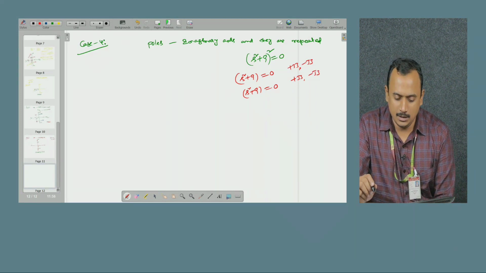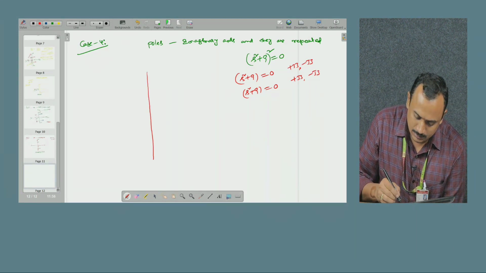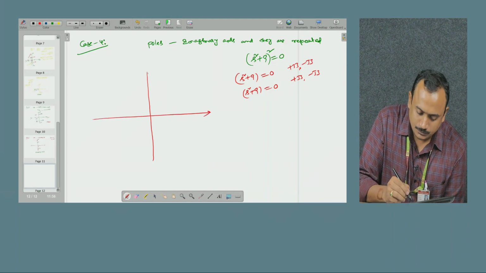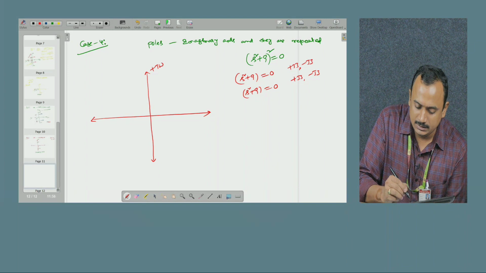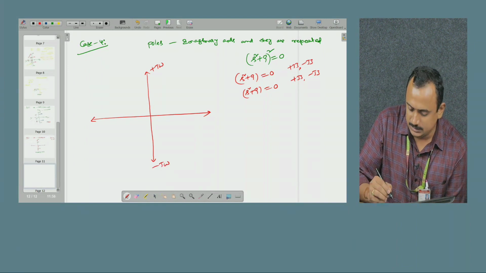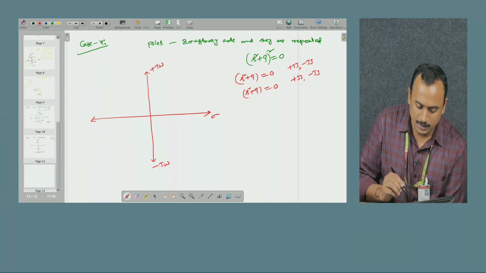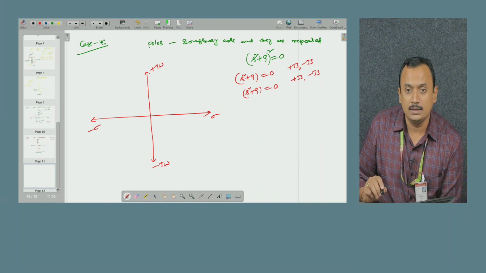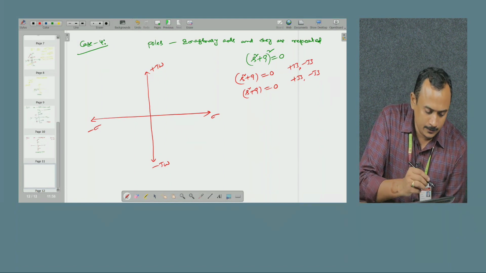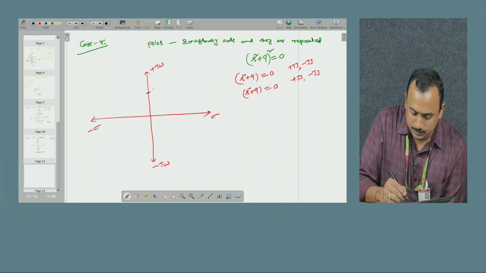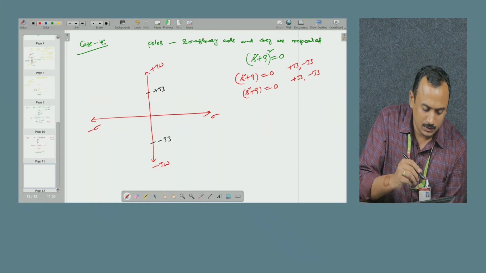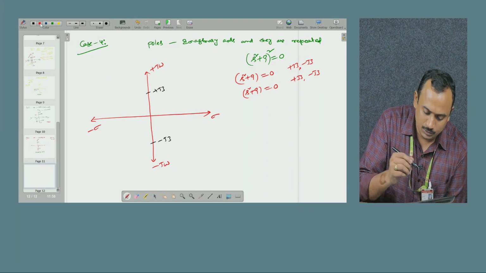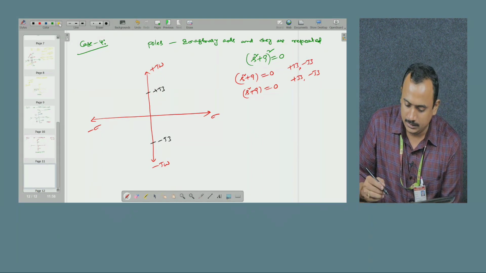Now how are we going to represent this on the S plane? This is the positive imaginary axis, negative imaginary axis, positive real axis, and this is the negative real axis. Now if I assume this is plus j3 and this is minus j3, what is happening here? Poles are repeated.